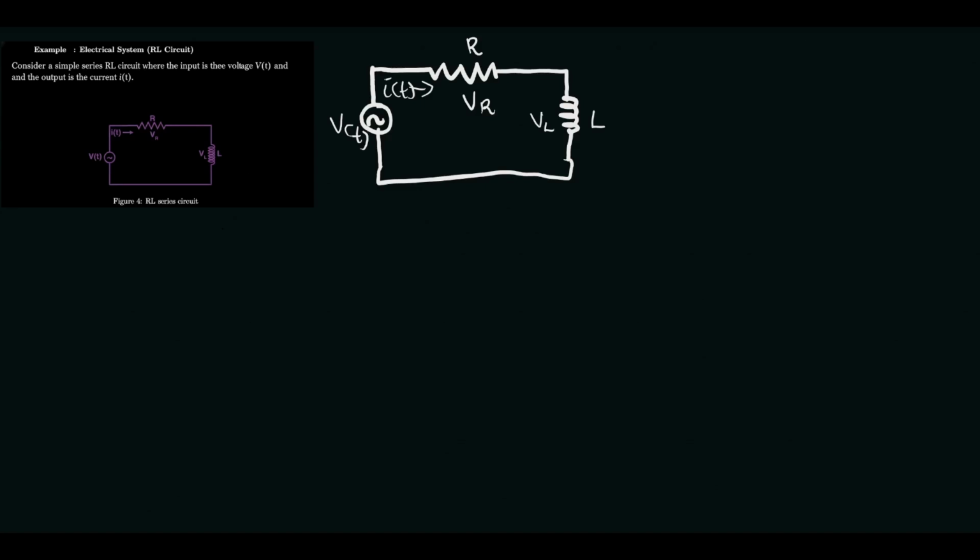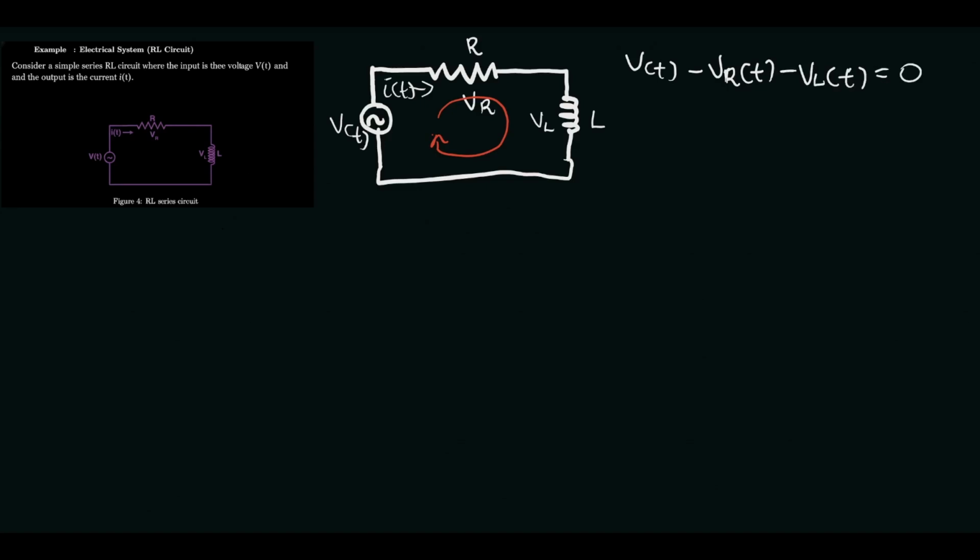What we're going to do is find the KVL of this circuit. KVL is Kirchhoff's voltage law, which says that the sum of voltages in a loop is equal to 0. Taking the KVL, we have v(t) minus vR(t) minus vL(t) is equal to 0.